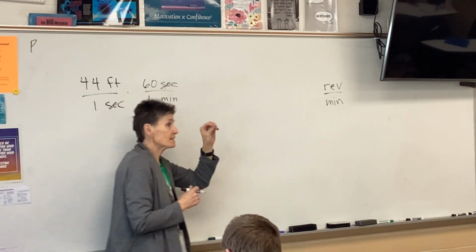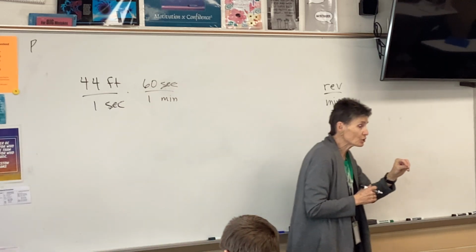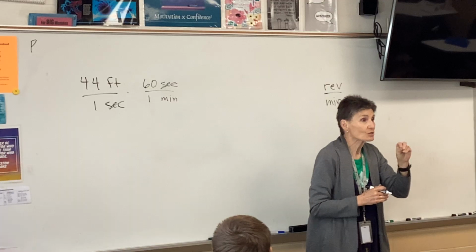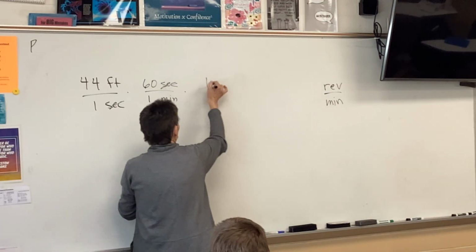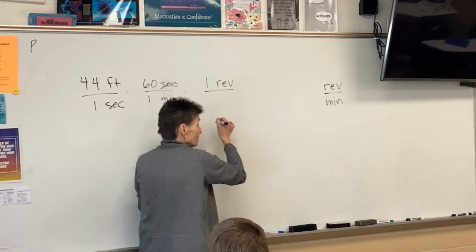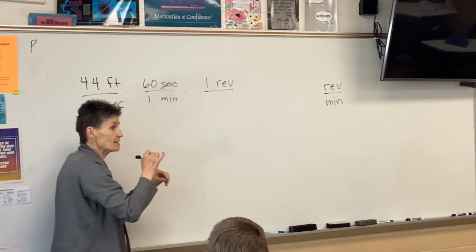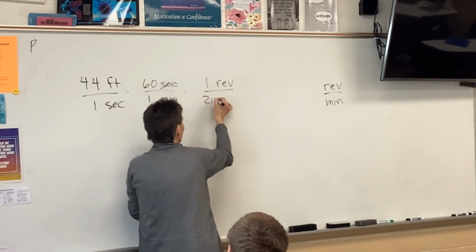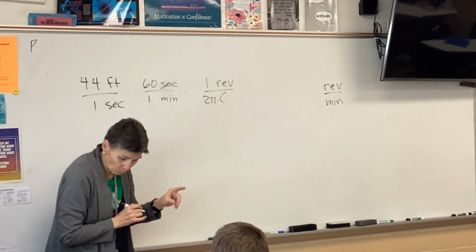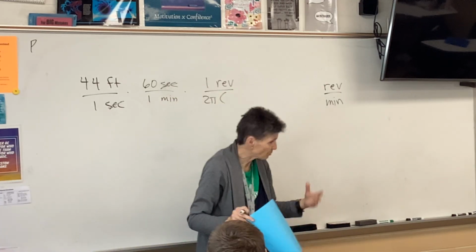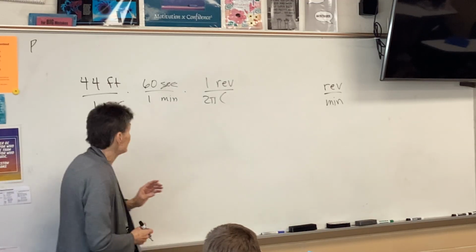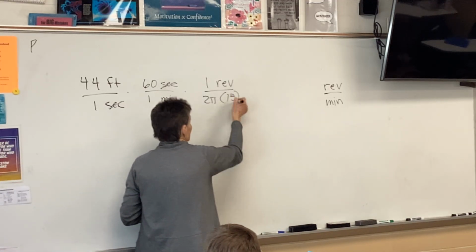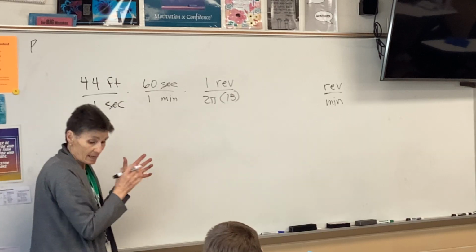Now what is the key? A revolution is a circumference. So we're gonna say 1 revolution is a circumference, which is 2 pi times the radius. The radius is 13. Everybody okay with that? And that's inches.